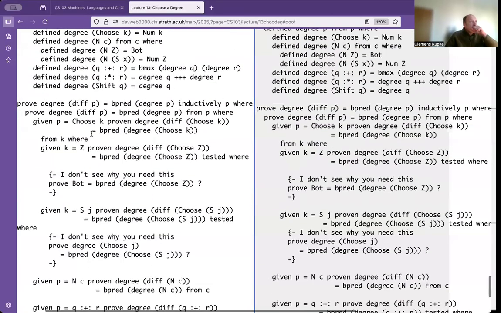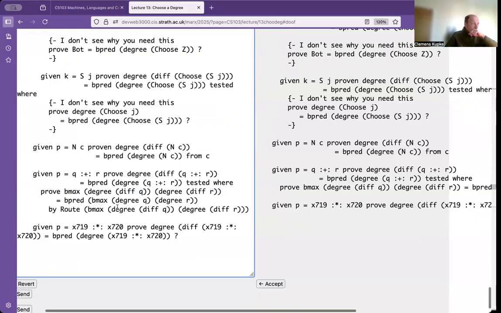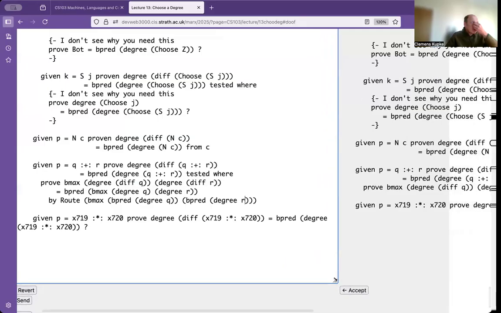And then I'm going to pick up the right-hand side of the goal, and I'm going to paste it in over that thing, changing P to Q, and over that thing, changing P to R. And then I'm going to widen my window.